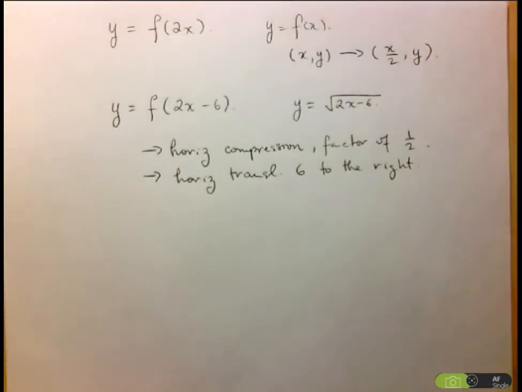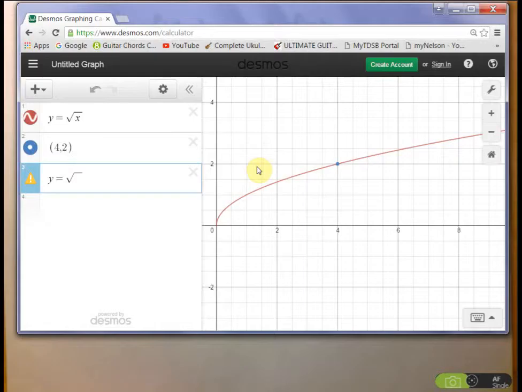Okay, but if we took a look at a particular example, we would expect that this point 4, 2, the 4 would first be divided by 2, and then we would be adding 6. So this point here presumably should become the point 8, 2.